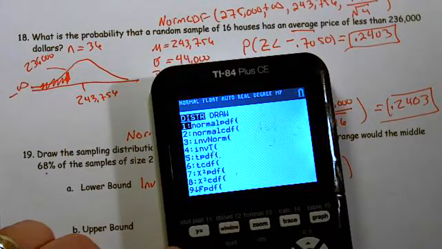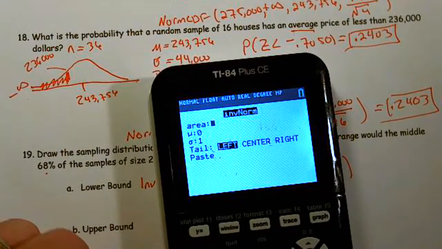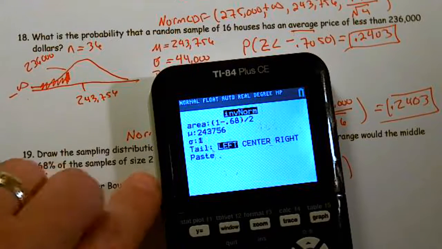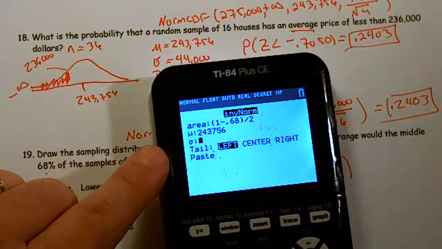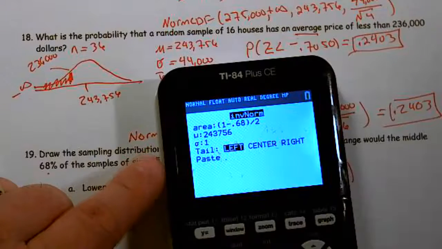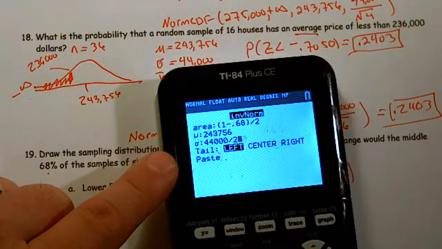So second, bars, inverse norm, parenthesis, 1 minus 0.68 divided by 2, mean 243,756. Standard deviation in this case is going to be 44,123 divided by 25 raised to the half power.